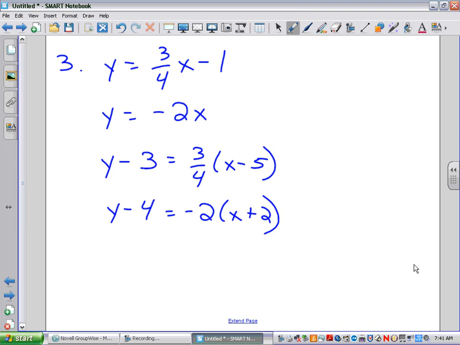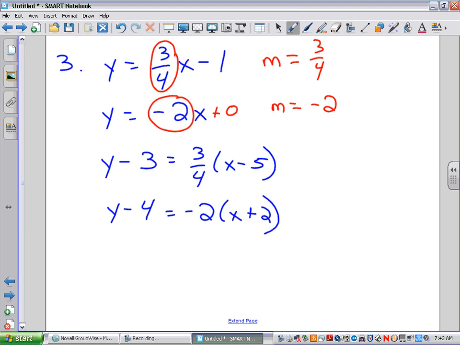So on the first equation, my seniors should be able to tell me what's the slope of that equation. 3/4. The next one, y equals negative 2x plus, well, think of that as a plus 0 at the end. And what's the slope? That would be the negative 2. I'll circle these. 3/4 is here, negative 2.